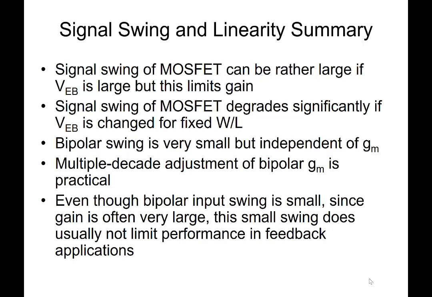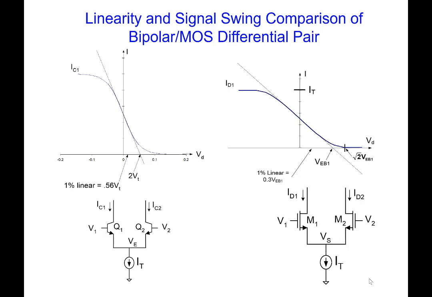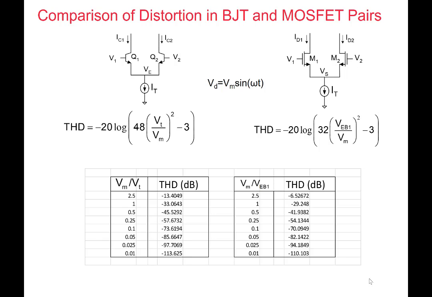Started out at 25 millivolts, and we said if we want about a 1% deviation from linear, we're stuck at about 250 microvolts. And if we have a little bit smaller signal swing, we had 113 dB THD for that structure. Let's go back and see that. So if VM over VT is equal to 0.01, we have 113 dB of linearity.